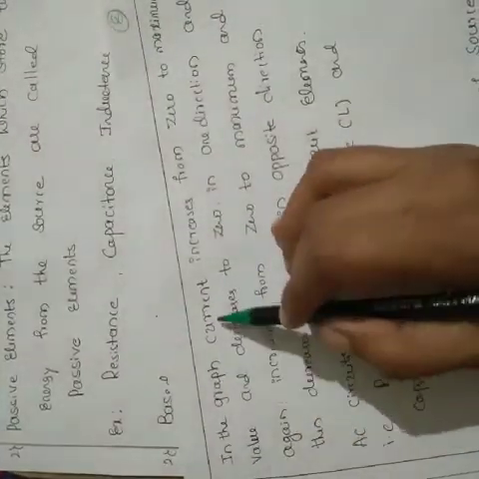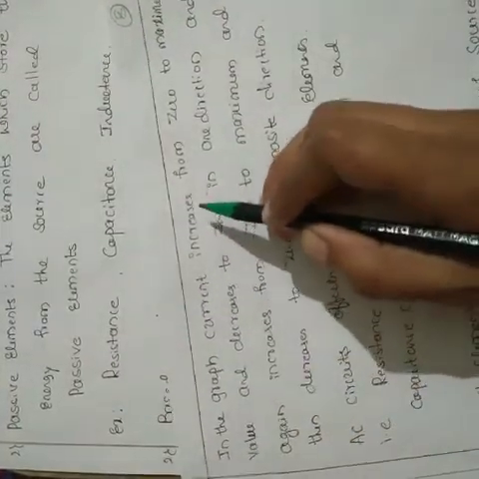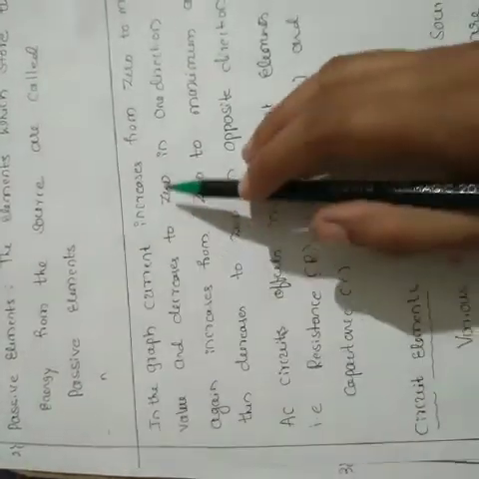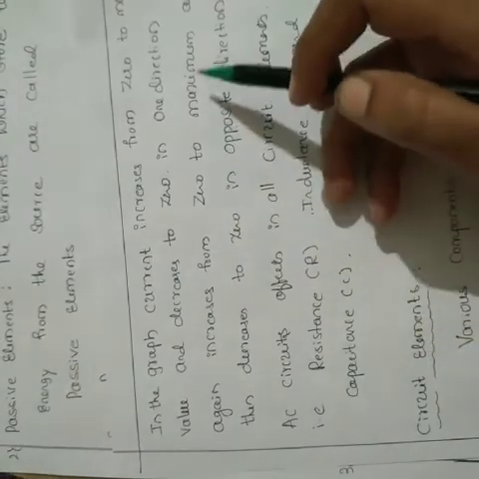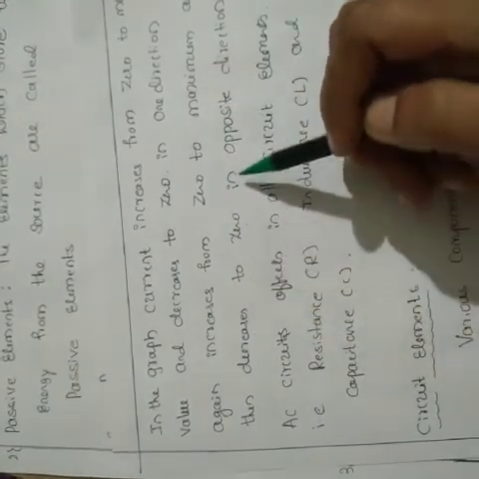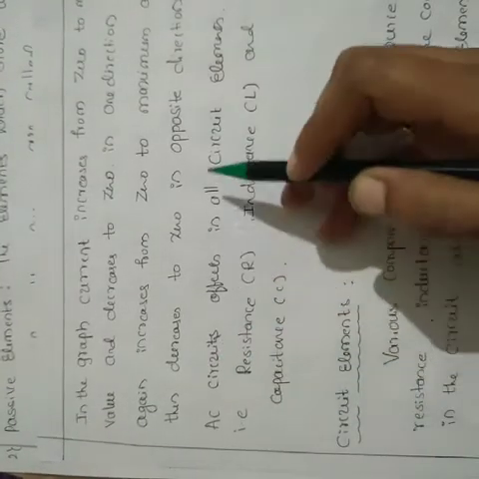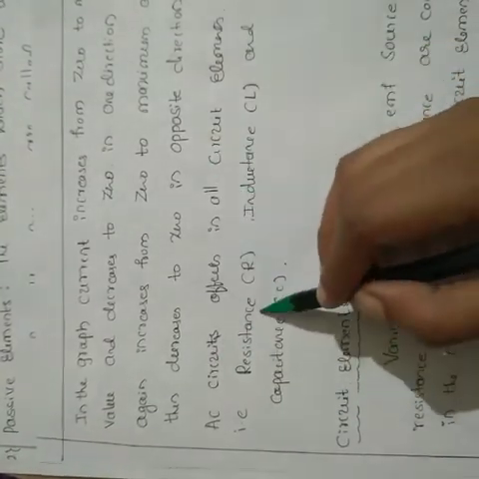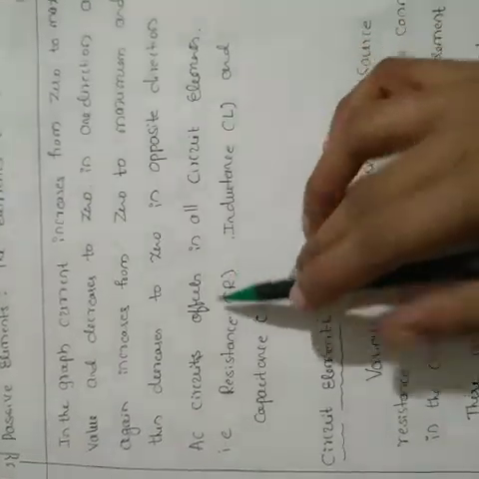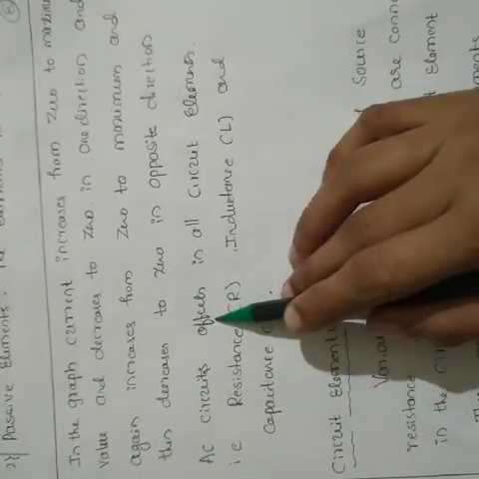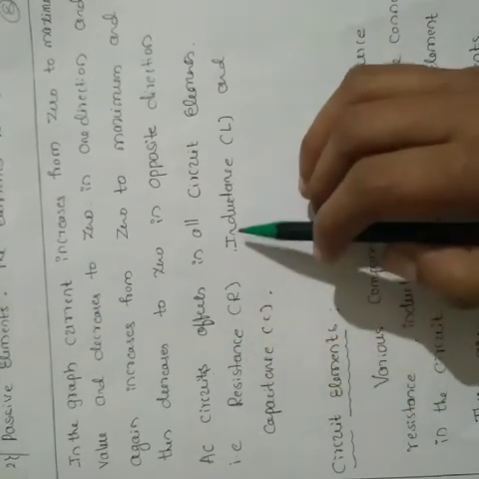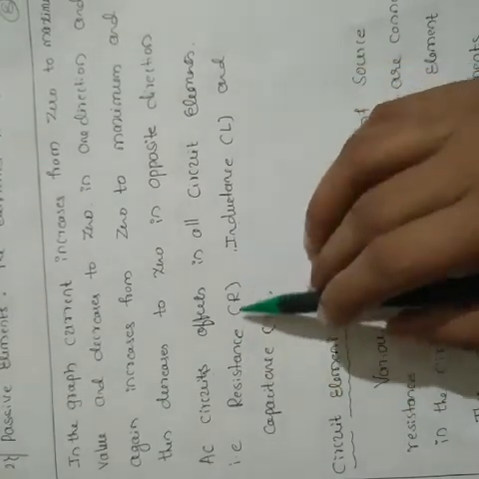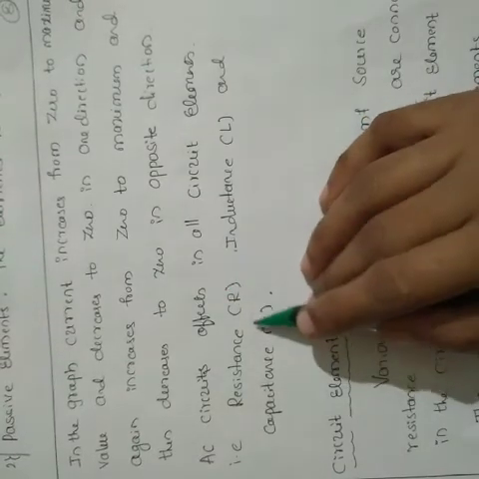In the graph, the current increases from 0 to maximum value and decreases to 0 in one direction, and again increases from 0 to maximum and then decreases to 0 in the opposite direction. An AC system affects all circuit elements, that is resistance, inductance and capacitance, but DC circuits affect only resistance. This is the main difference between AC circuits and DC circuits.